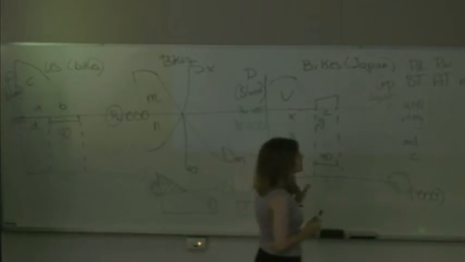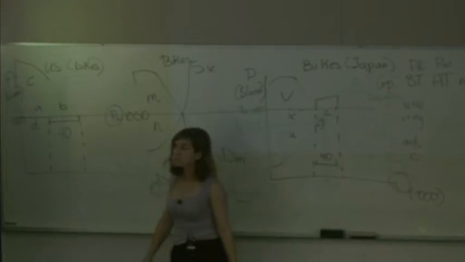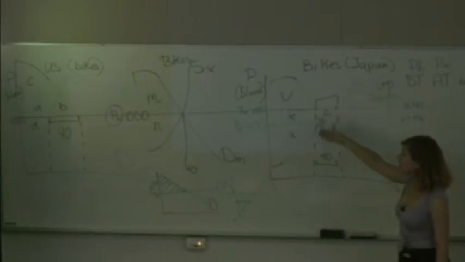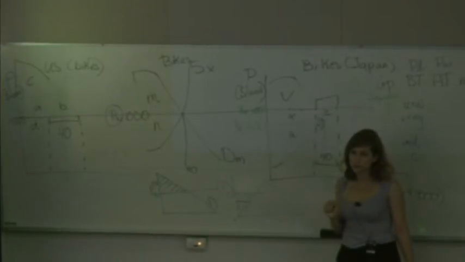Without even doing this analysis, you're going to probably realize that producers in the US are going to lose because now they have to sell at a lower price, whereas consumers in the US are going to win because they can buy the motorbikes at a lower price. In Japan, on the other hand, suppliers are going to get a higher price for their product, and consumers are going to lose because they're going to have to pay $1,000 rather than $700.